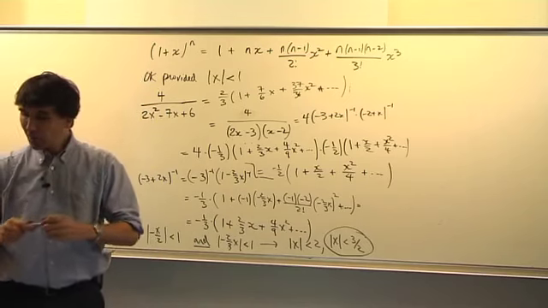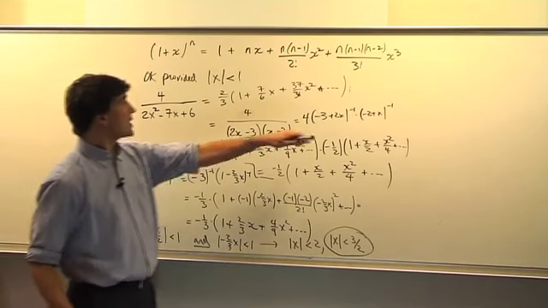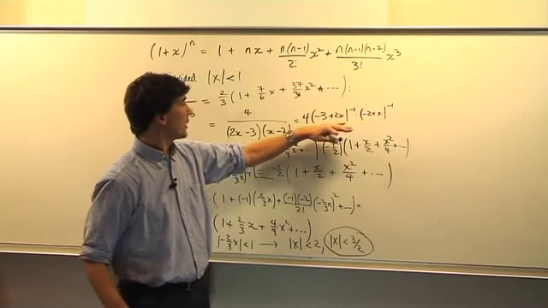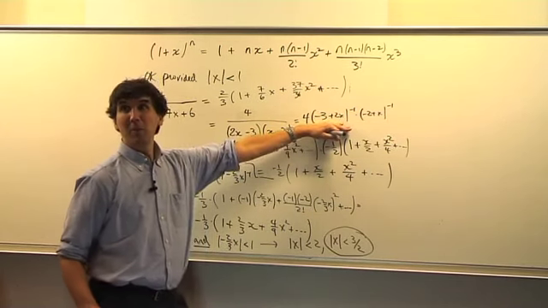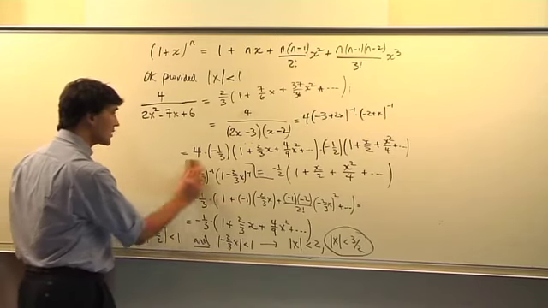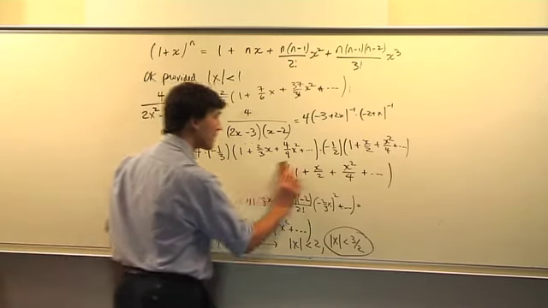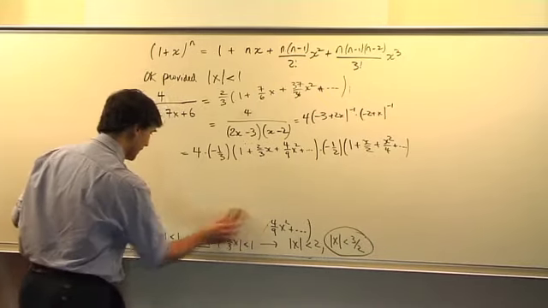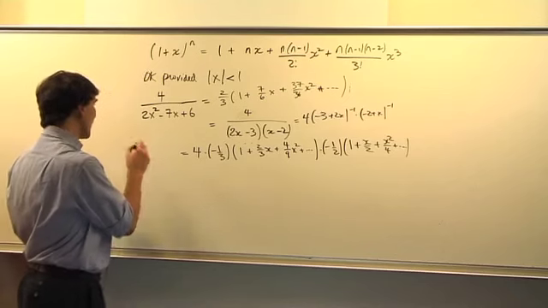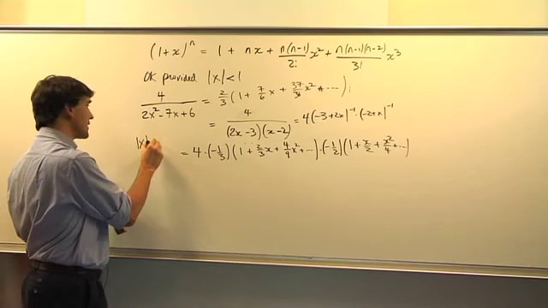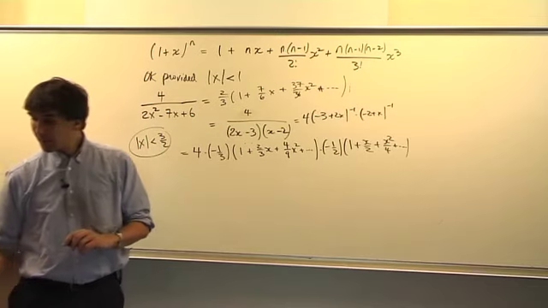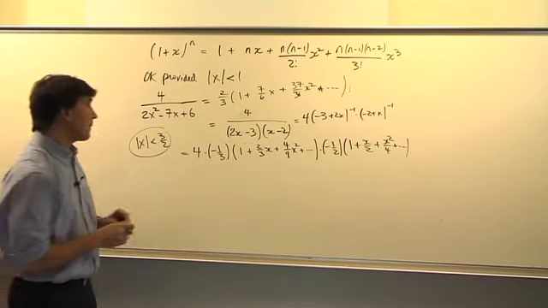Okay, so all I've done is I've separately worked out the expansion for minus 2 plus x to the power of minus 1, and the expansion for minus 3 plus 2x to the power of minus 1, and we're going to write them down next to each other and multiply them out. So there we are, and we certainly need the absolute value of x to be less than 3/2 for both of these series to make sense.